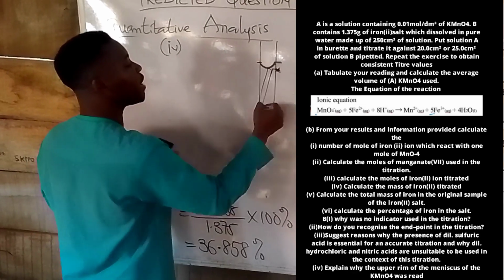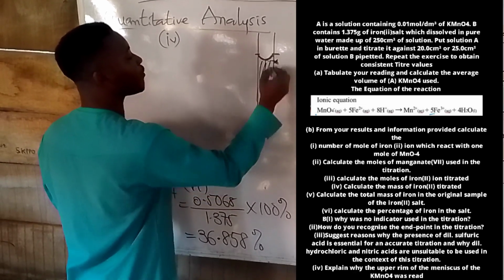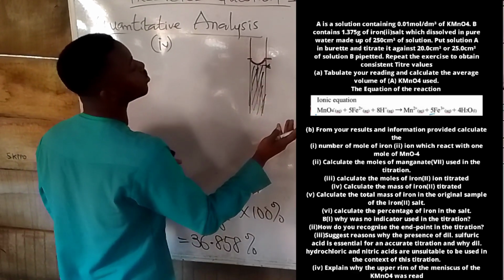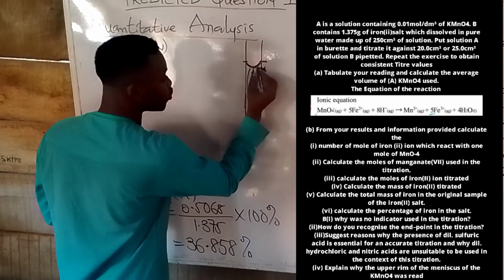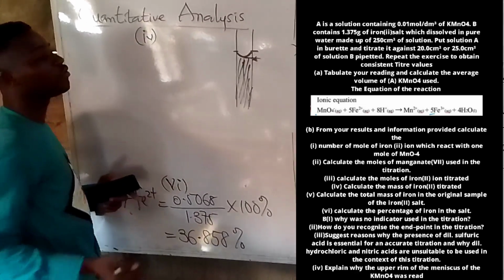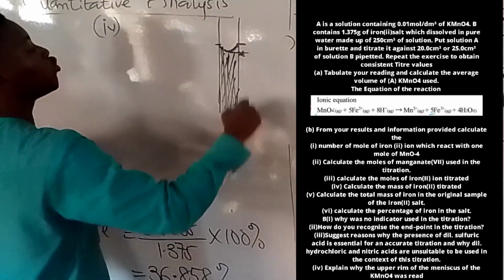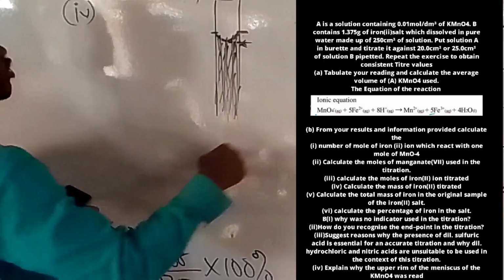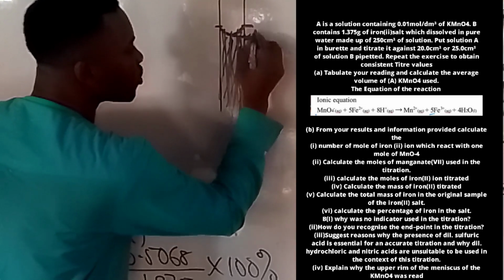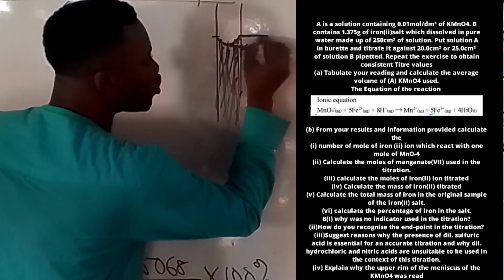Now, remember that KMnO4 is having a color. It's not colorless like water. If it were water, we would read this meniscus. But because it is KMnO4, everything is going to be purple and dark. So definitely, how do we expect to see this meniscus? And that is why we need to read from this top.